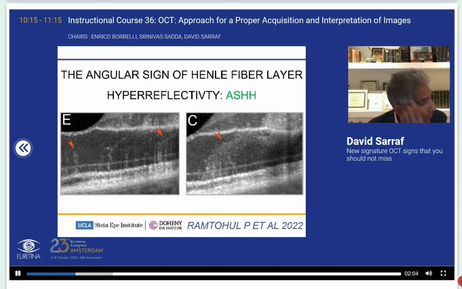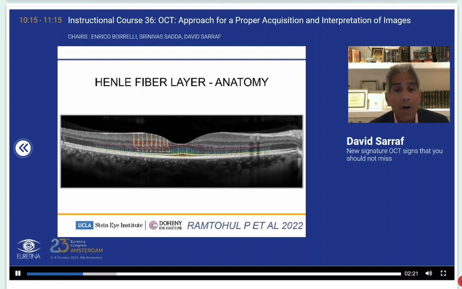In this paper, Priti describes this pathoanatomical finding where you can see the actual Henle fiber layer highlighted. Normally we don't see that. Even with directional OCT, you don't actually see the radial configuration of the Henle fiber layer.